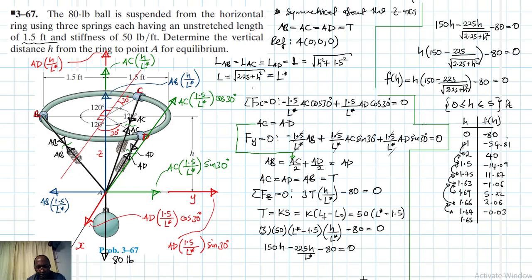Let's plug it in, we see what happens. 2.25 plus 1.65 squared, square root of that, 225 divided by answer, then plus 150 times 1.65, then minus 80, we have a 1.01.